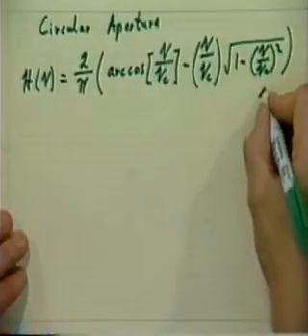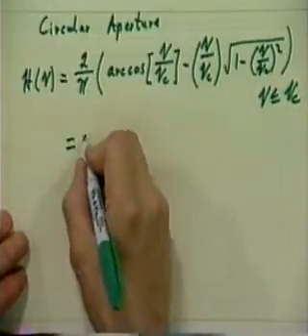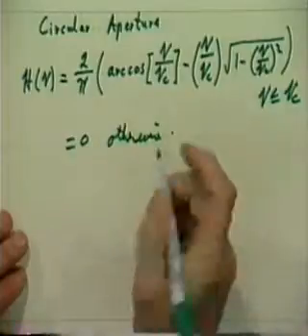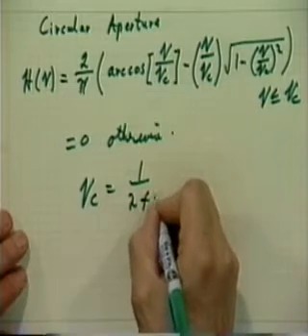This is for nu less than or equal to the cutoff frequency, and it's equal to 0 otherwise. And the cutoff frequency, again, is 1 over lambda f-number.